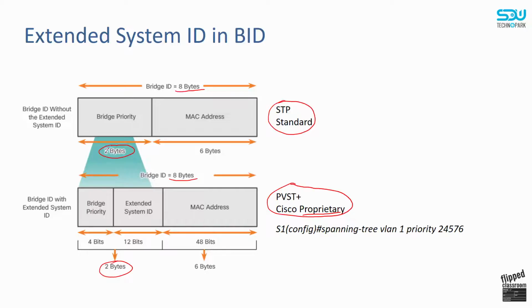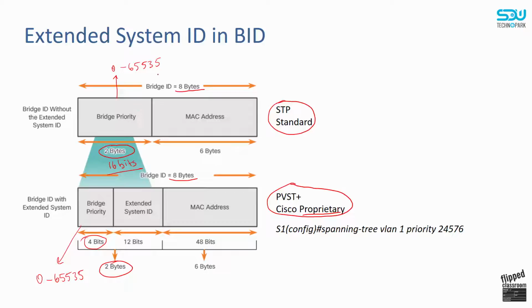But look, previously it was 2 bytes, or 16 bits, for the bridge priority, but currently we have only 4 bits for the bridge priority. How is it possible to cover the same range of the maximum value of the bridge priority, where we have the bridge priority from 0 till 65535, and here we also have from 0 till 65535? How is it possible?